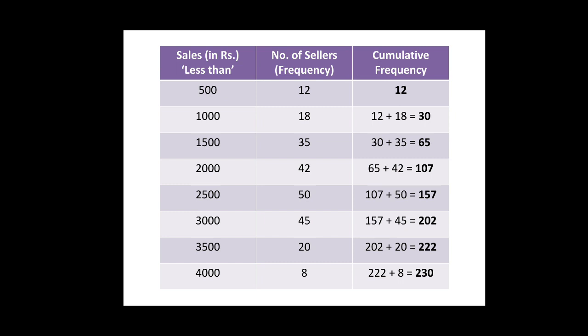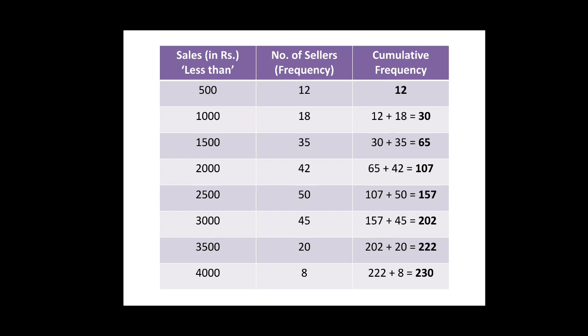Now convert the frequencies into cumulative frequencies, and in case of the less than method we cumulate, that is, we add up the frequencies from above as shown in the third column of this table. That is, we are going down from top to bottom.